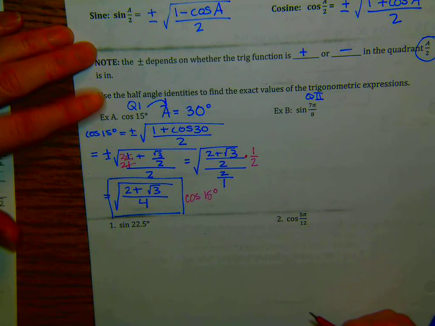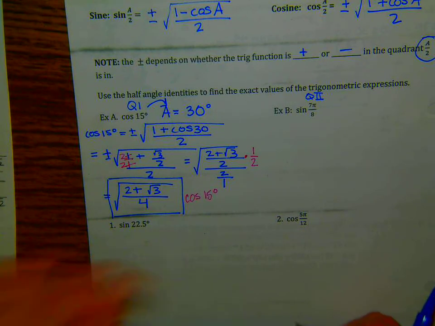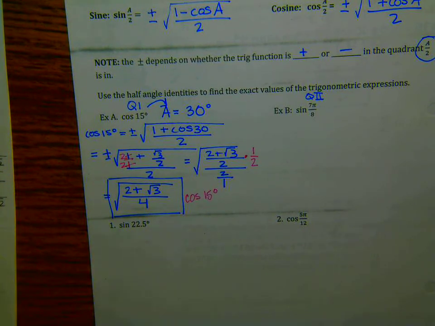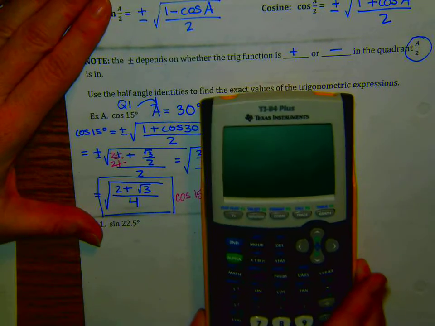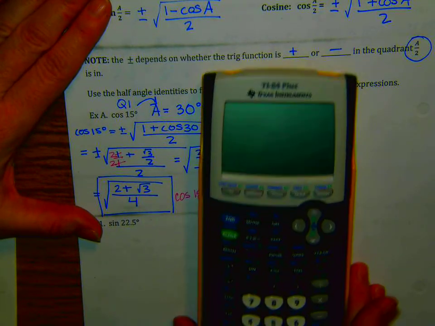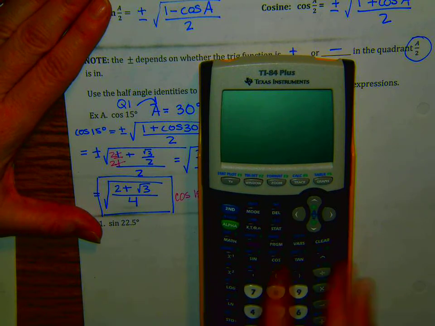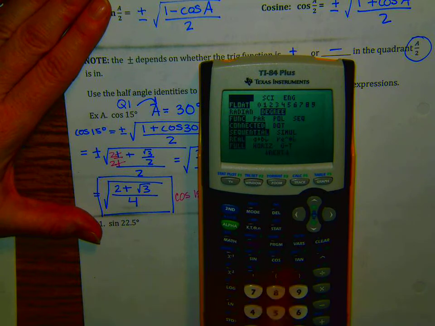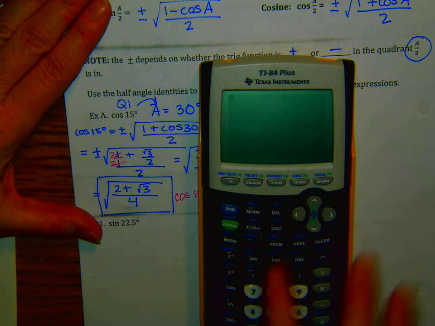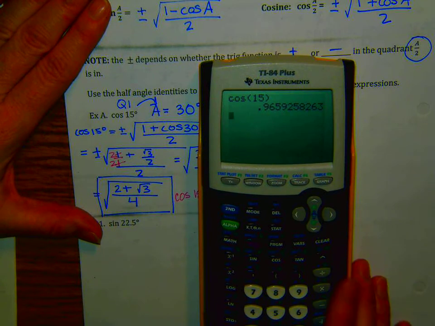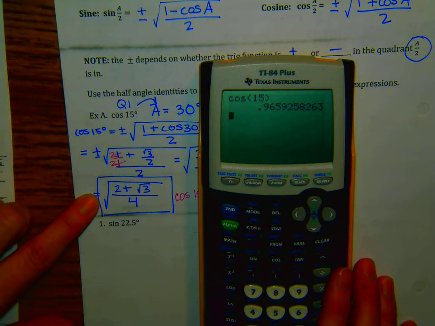And just this one time, I'm going to show you that this actually worked. So let's take our calculators. Make sure we're in degree mode. Check your calculator and make sure your mode is in degree, because I'm going to check the cosine of 15 degrees. What is that? 0.965. Now let's put this big ugly thing in our calculator.